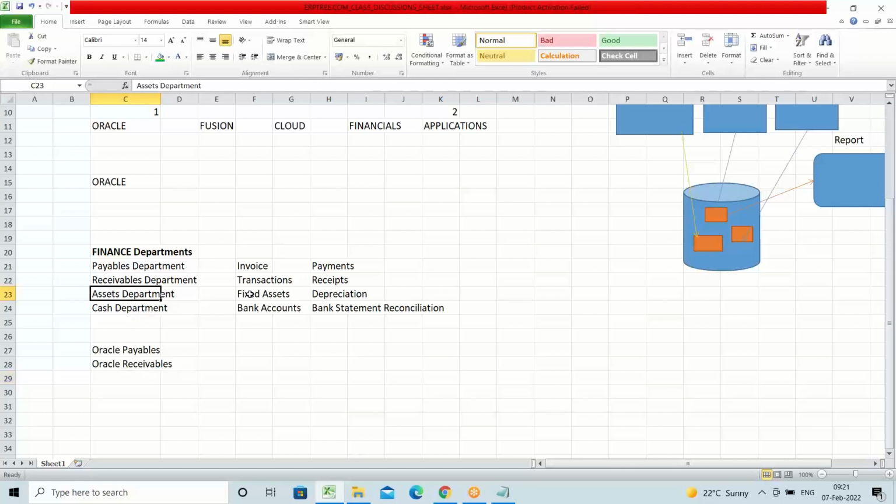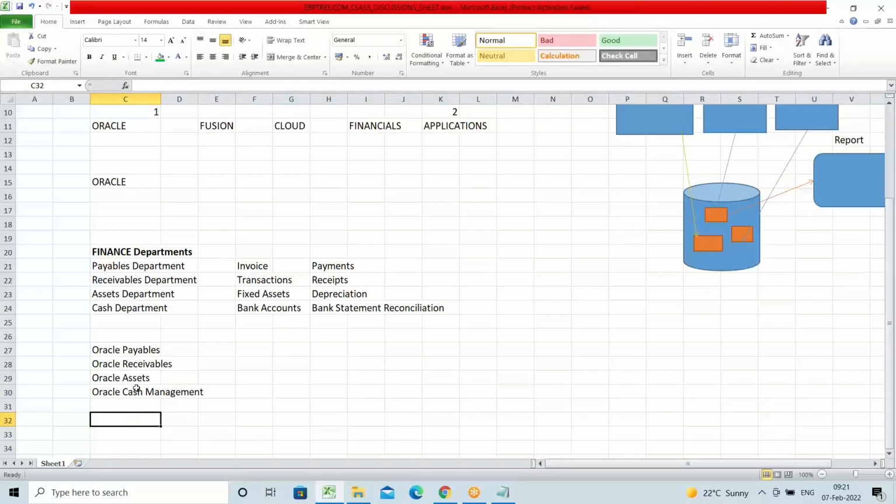For the asset department, to maintain the fixed assets and calculate the depreciation, Oracle is providing an application called Oracle Assets. For the cash department, Oracle is providing the Oracle Cash Management application.